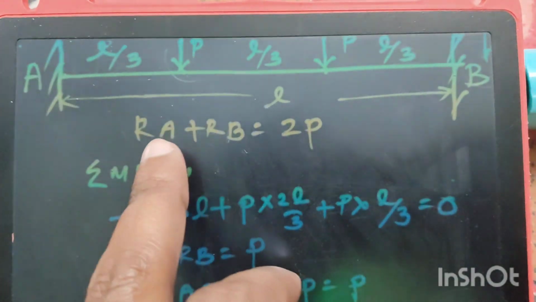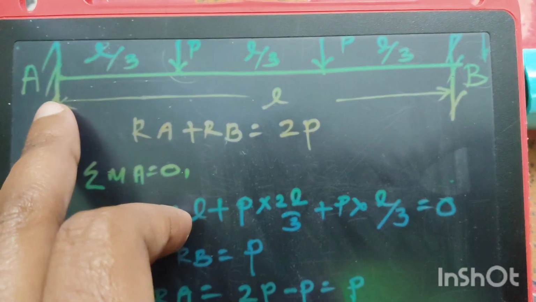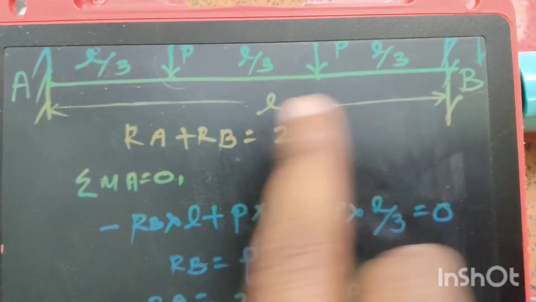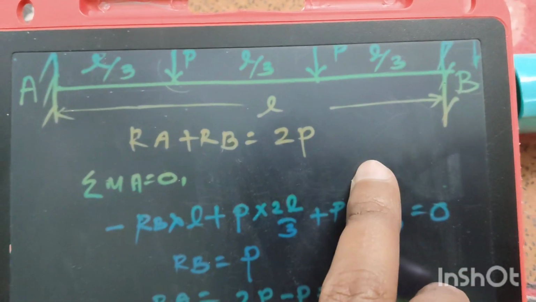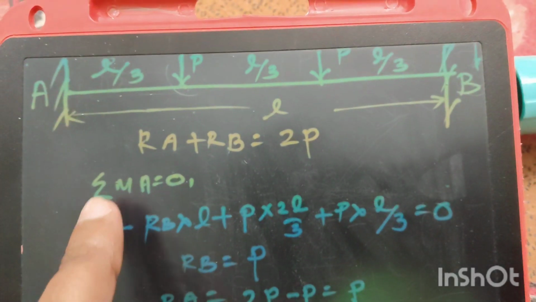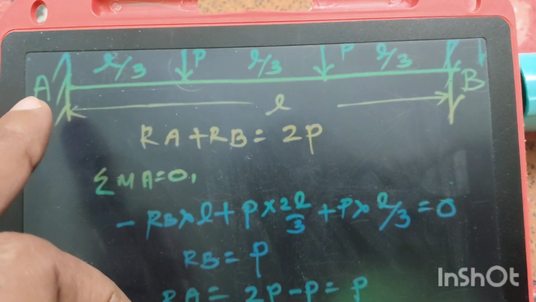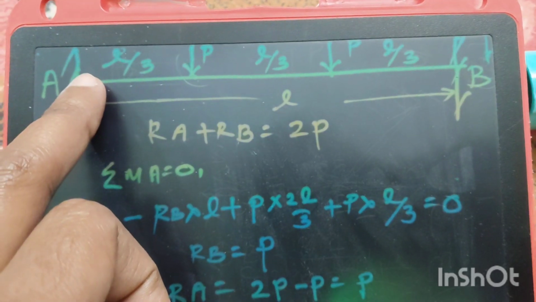Now the reaction at A is RA and the reaction at B is RB. Then RA plus RB will be equal to 2P. Now if we take moments about point A, the summation of all the moments about A is equal to 0.